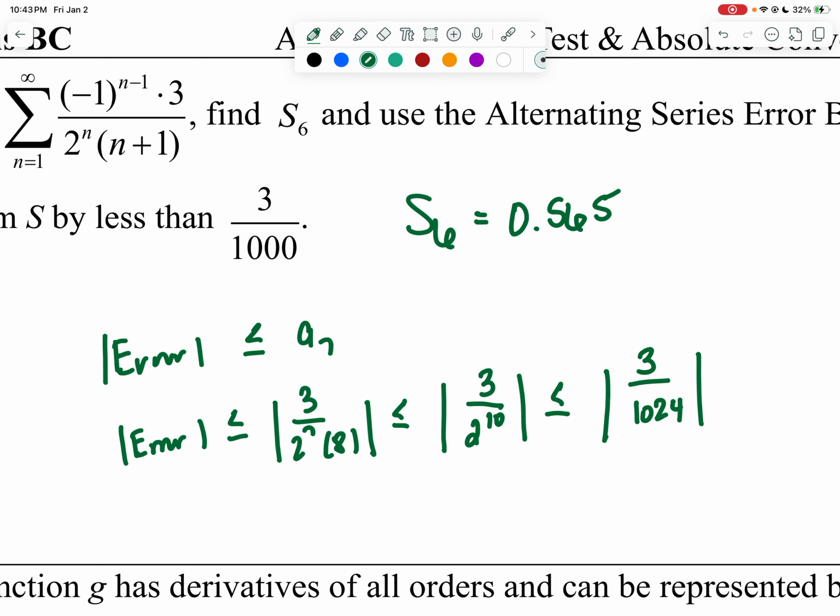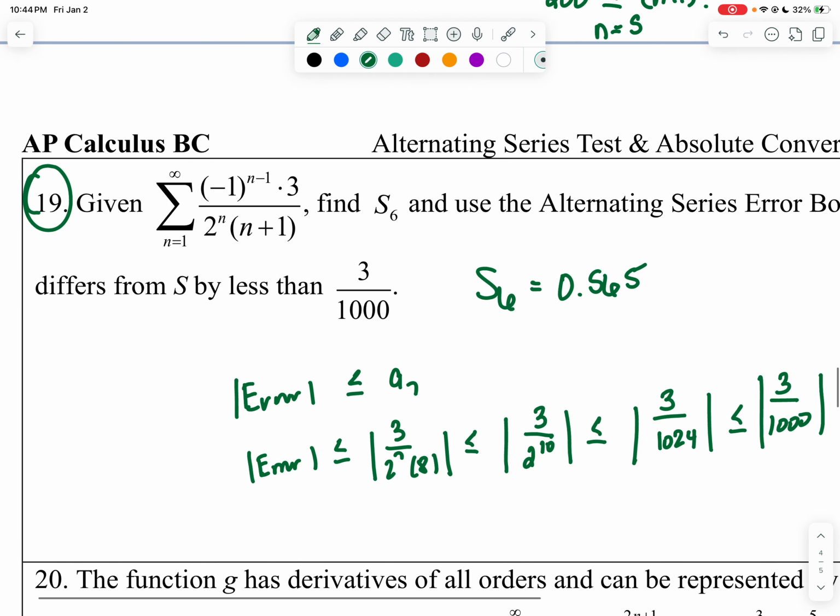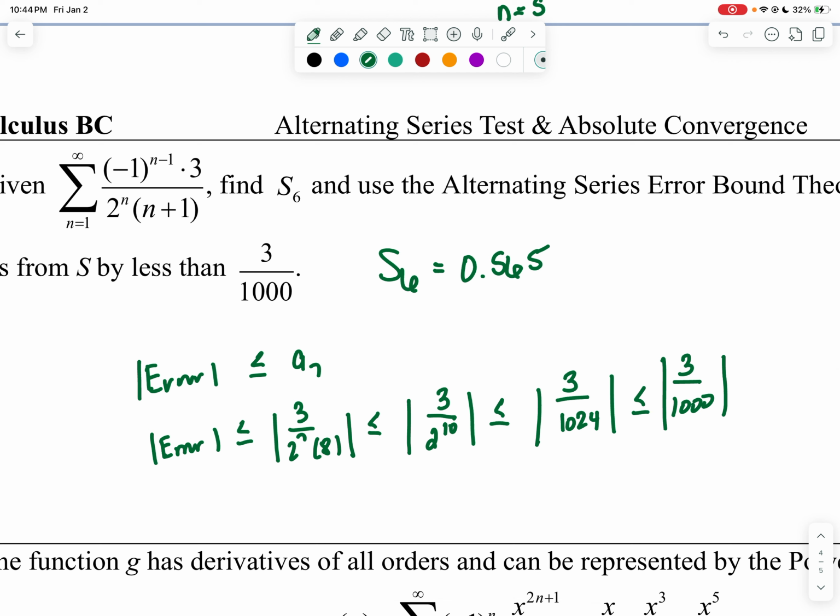And then you know that because it's 1024, that's definitely less than 3 over 1,000. So at this point, you could just stop there, and this is enough work to earn you full credit. Of course, you just gotta say the thing that I said earlier for number 19, where it's an alternating series error because terms decrease in absolute value to 0.